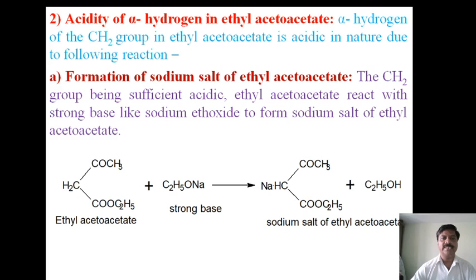Now, second example, we have to explain, according to your syllabus, the acidity of alpha hydrogen in ethyl acetoacetate. Alpha hydrogen of the methylene group in ethyl acetoacetate is acidic in nature due to the following reasons. First one is similar to above, formation of sodium salt of ethyl acetoacetate.